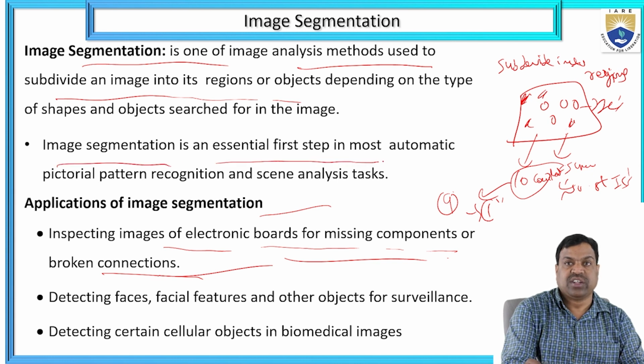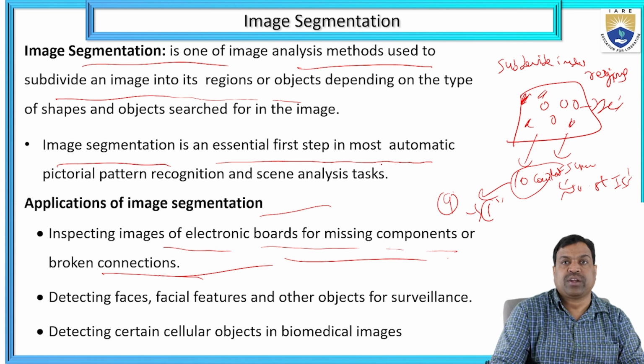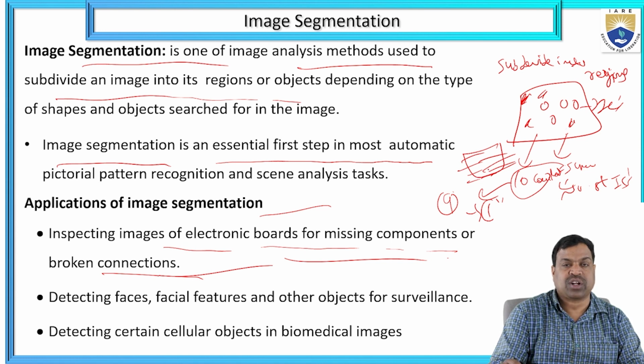Image segmentation is an essential first step in most automatic pictorial pattern recognition and scene analysis. The applications include inspecting images of electronic boards. When using electronic boards, how many components, how many electronic chips are there, it will be testing, and it will detect what is broken or what components are missing. It is also used for detecting faces and facial features of other objects.